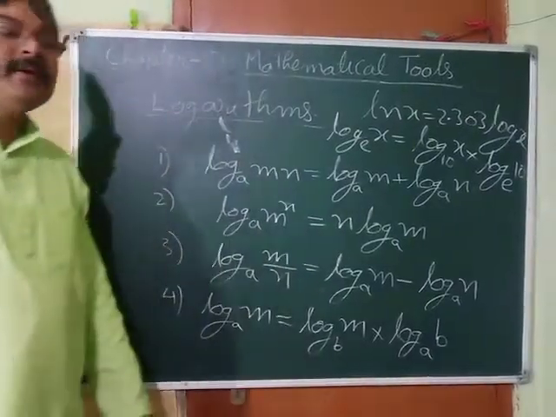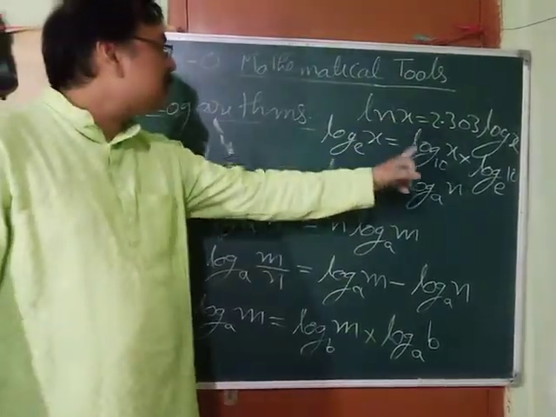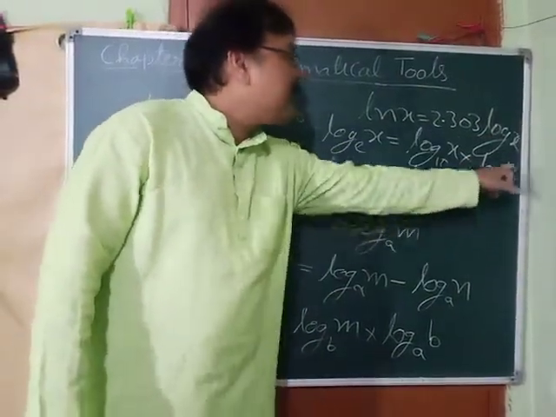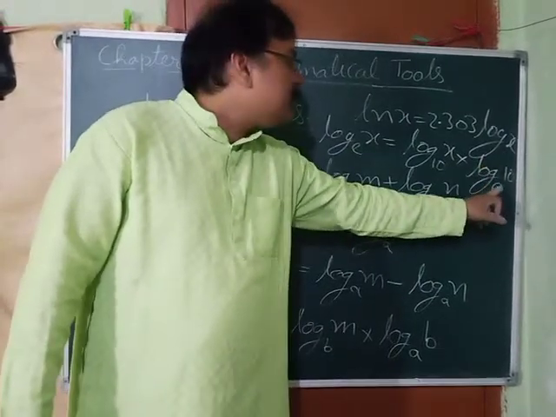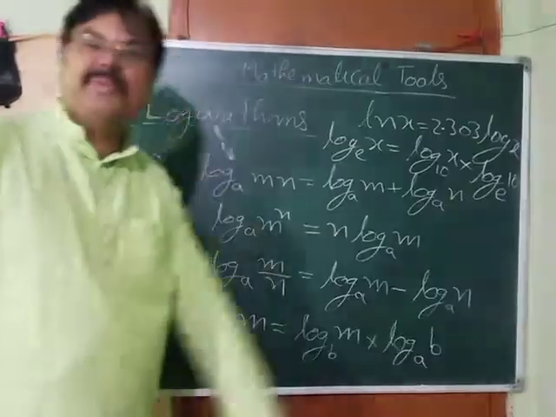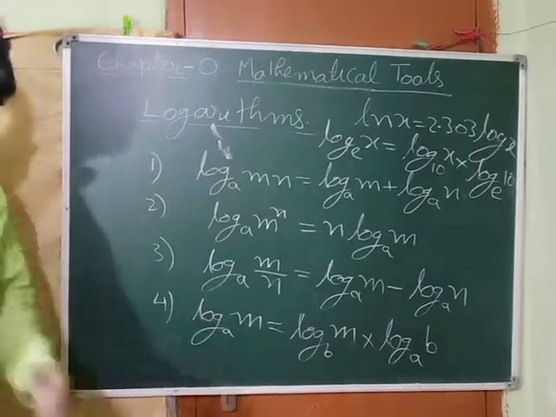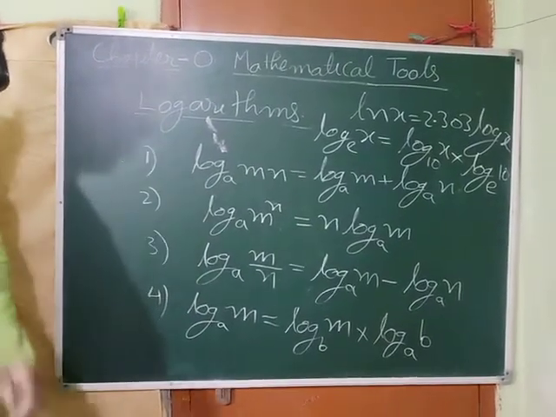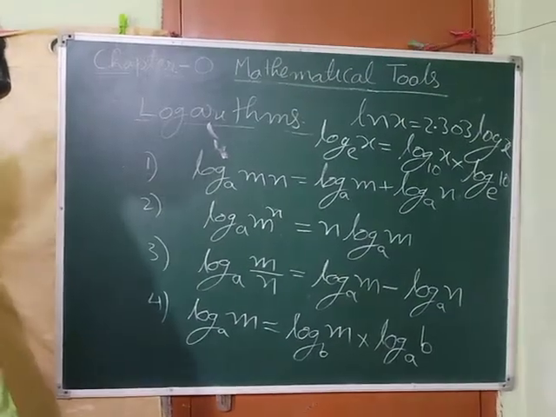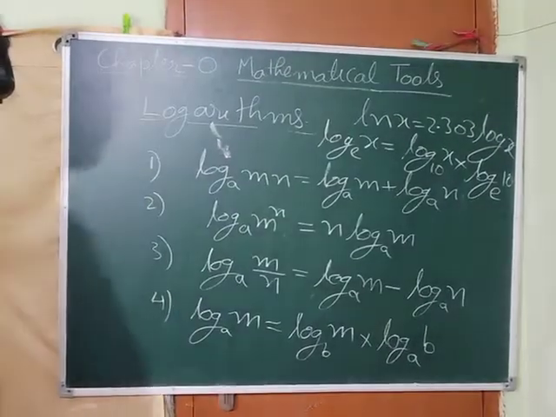What is this? Log to the base e of 10 is 2.303. Okay, that is this formula. So you note down this formula. That's all for this video.